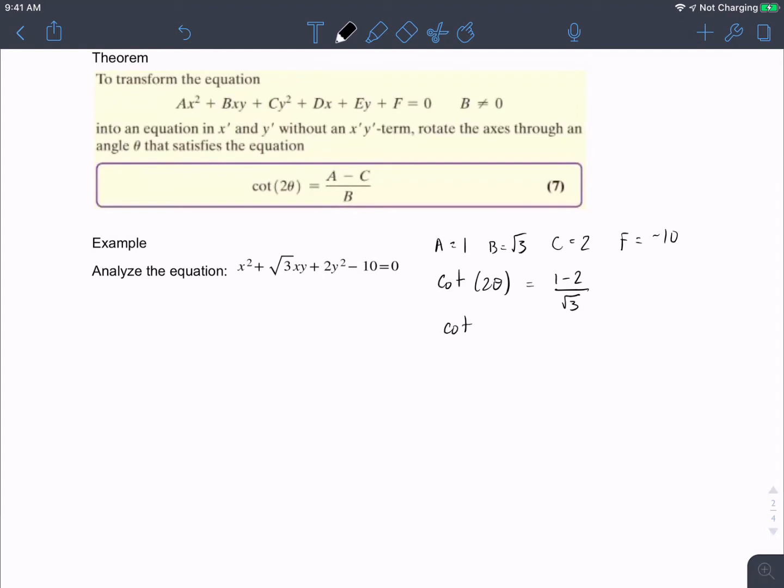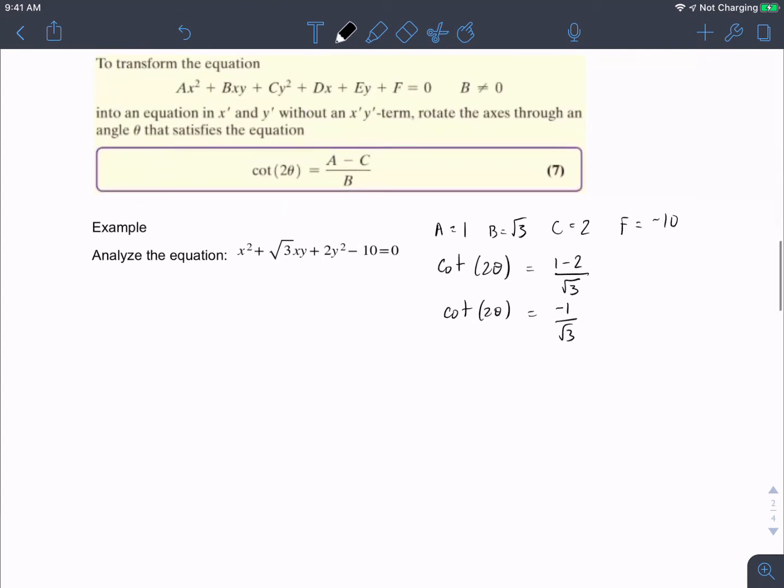So cotangent of 2 theta is going to be equal to negative 1 over radical 3. And that is going to put us within the first and second quadrants, right? Because of what cotangent is. And I'm going to clean this up just a little bit because I just like it prettier. So it's going to be negative radical 3 over 3.